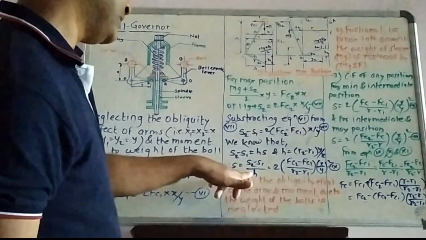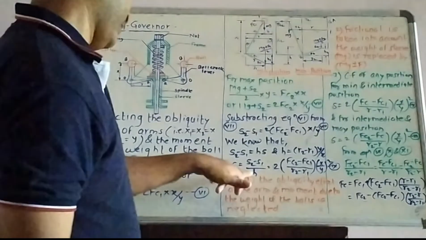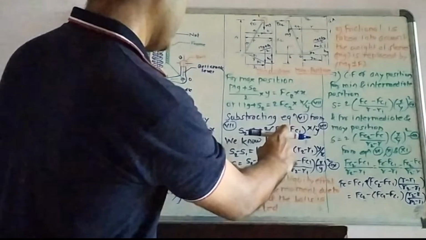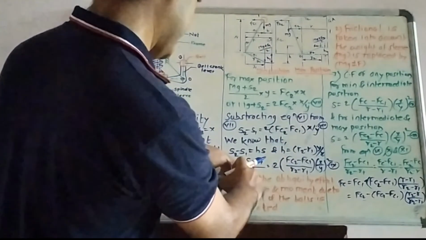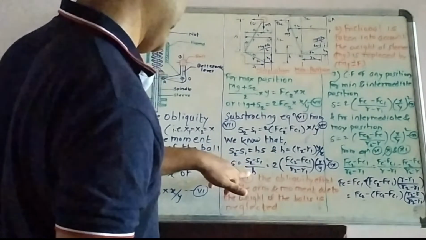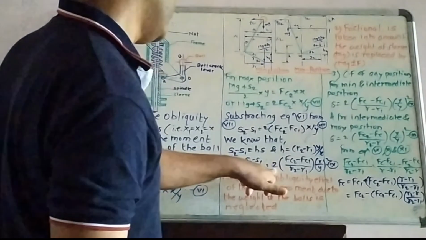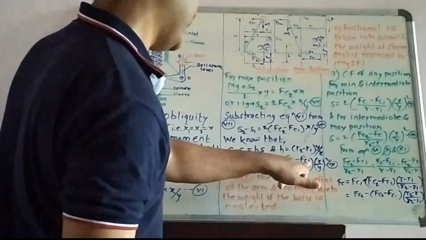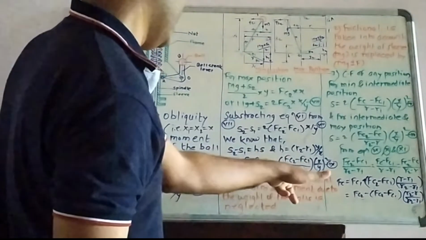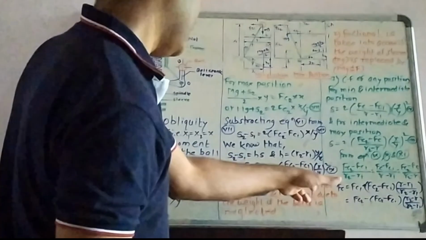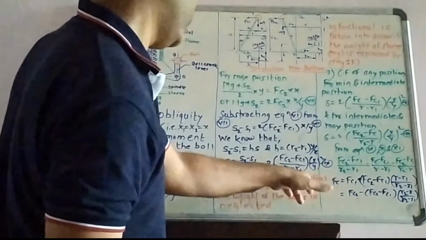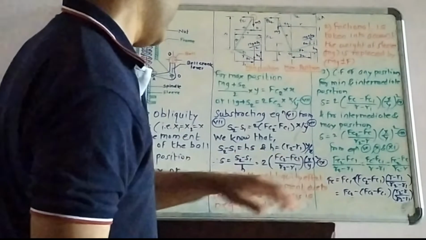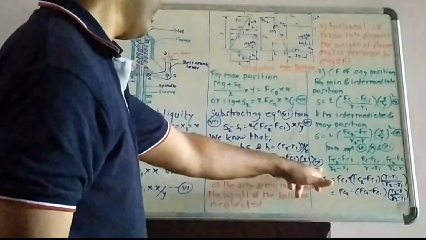Simply replace this h term here with this term. Okay, (s2 minus s1) divided by h equals 2 into (fc2 minus fc1) divided by this one, (r2 minus r1) into x divided by y, whole bracket square will come here. Okay, this is nothing but the equation number next.